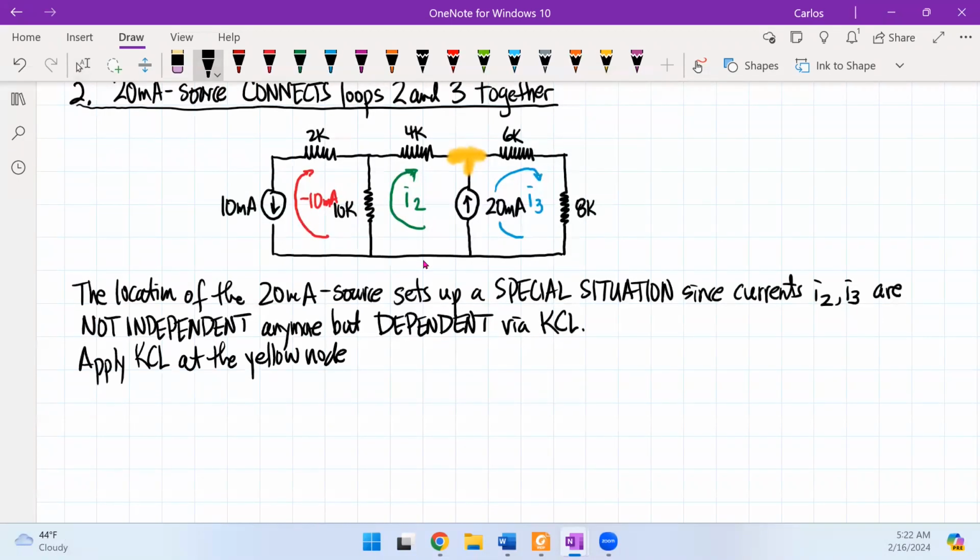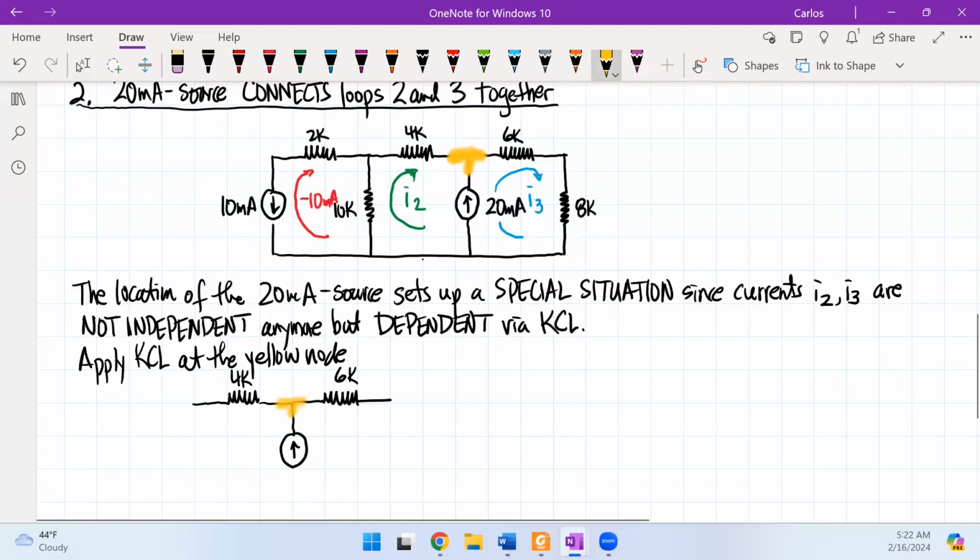So what we're going to see here is that I have this resistor, I have this current source, and then this resistor right here. This is what we called 4K, and this guy is 6K. And so here's my yellow node right here.